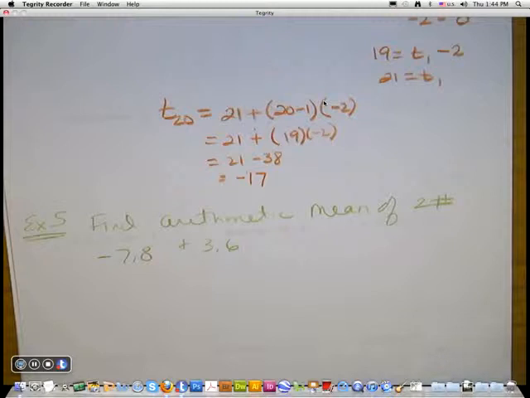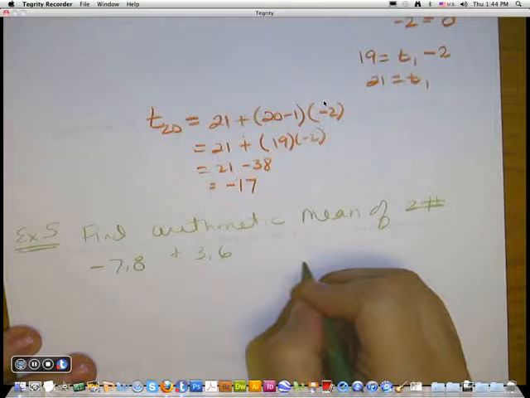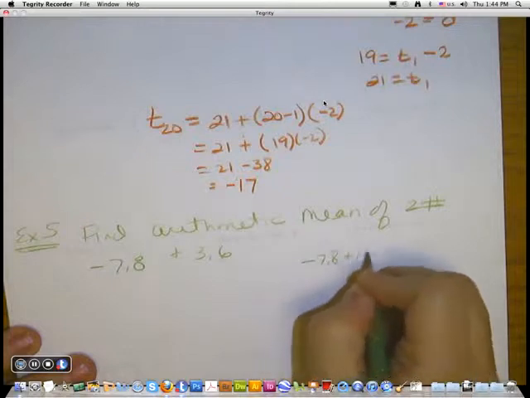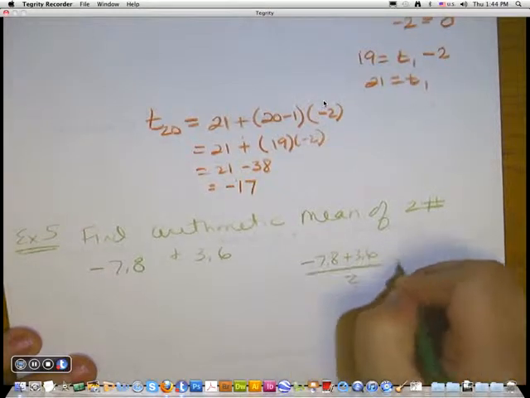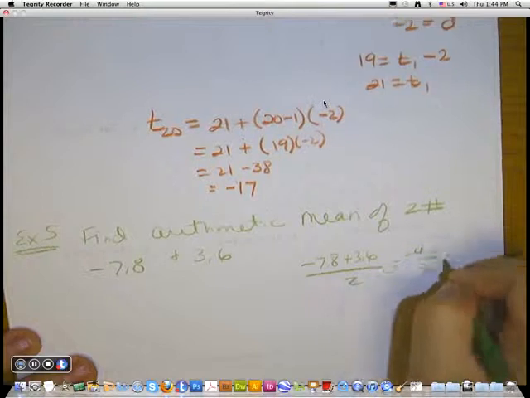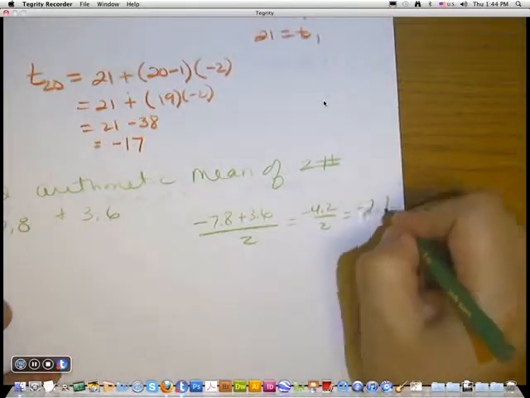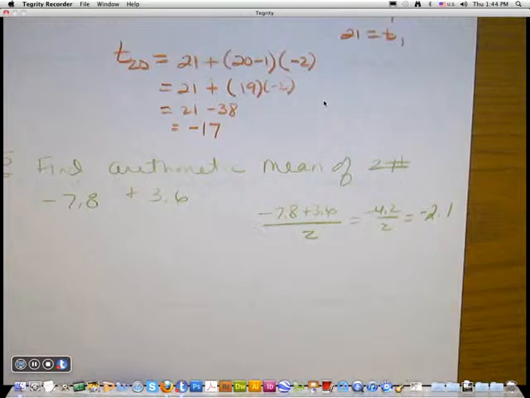So add your two numbers together and divide by 2. -7.8 plus 3.6 is -4.2, divided by 2 is -2.1. There's your arithmetic mean, and it is just that simple.